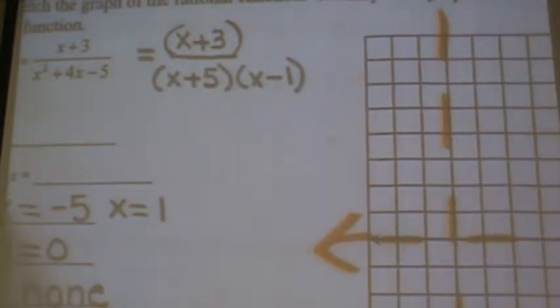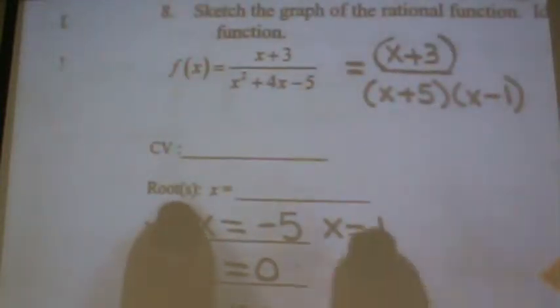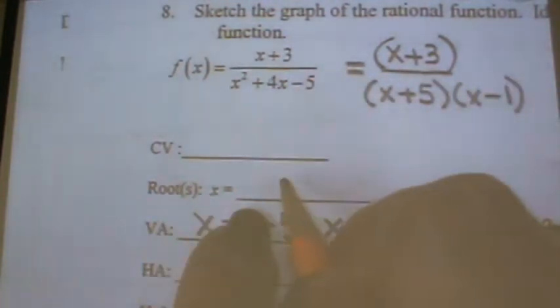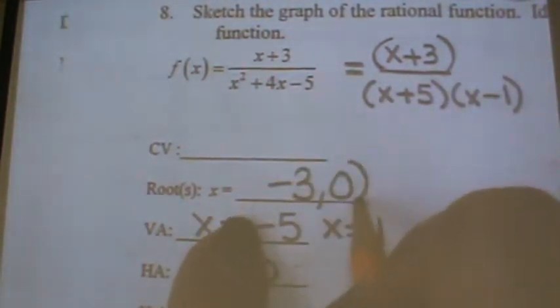Okay, Sam, how do you find the roots? Set the numerator equal to 0, so you get -3, 0. Where's -3, 0? Right there. How do you find the y-intercept? You set x equal to 0.